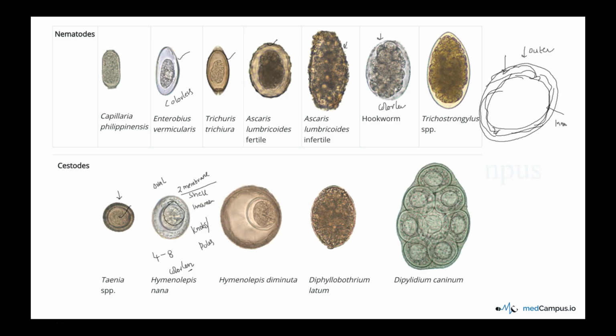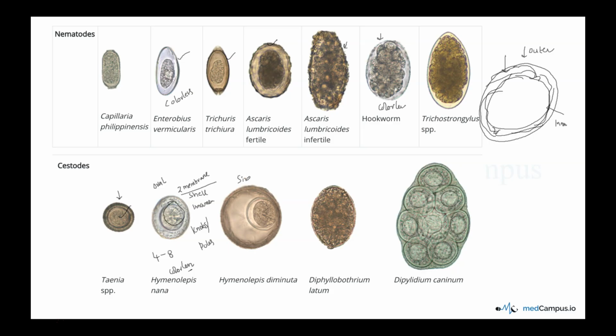They might ask a question: species identification is possible with hookworm, Taenia, Hymenolepis, all of the above. You can choose Hymenolepis.